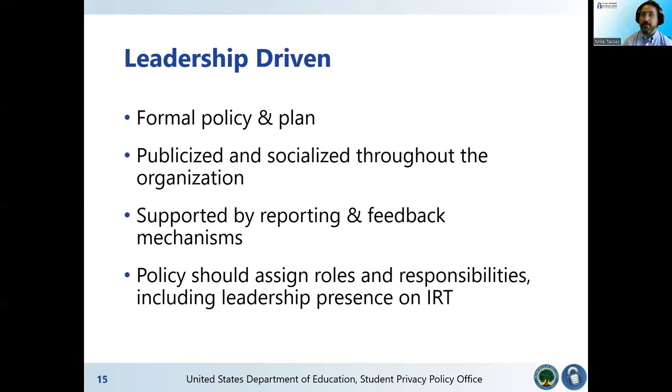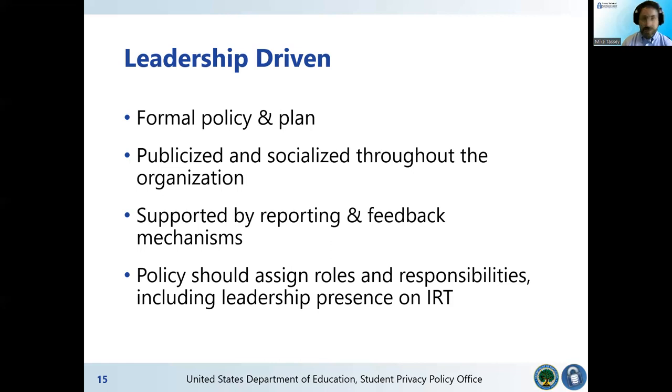In the previous slide, we talked about some of the core membership common to the incident response team, and that starts with leadership. A cyber incident or data breach impacts every part of an organization, and as such, organizational leadership needs to be informed and involved in the response process to make critical decisions to ensure sufficient, compliant, and timely response actions, and to, of course, protect the interests of the organization. As we mentioned, it all starts with a formalized policy and plan. The policy and plan should lay out organizational expectations, identify key roles and responsibilities, and establish the periodic review and update schedule.